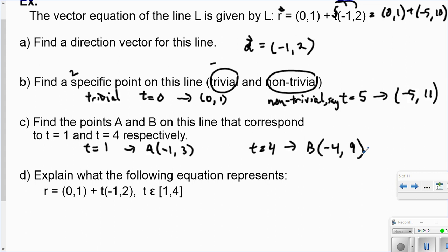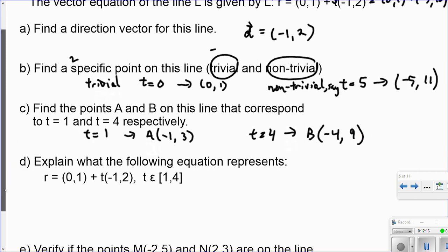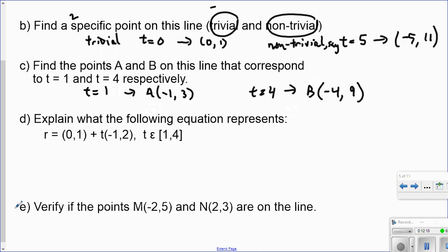Okay, so explain what the following equation represents. The only thing I've done here is I've rewritten my parameter. I've set my parameter to be a specific interval, 1 to 4.